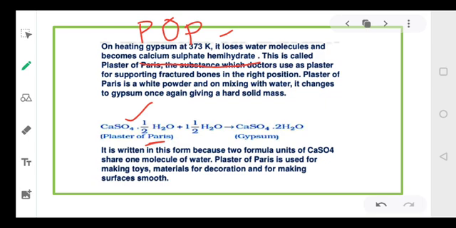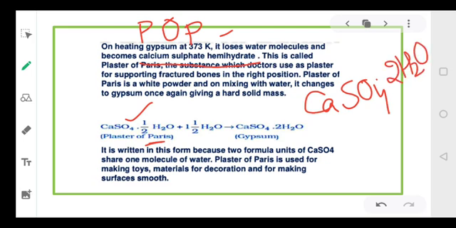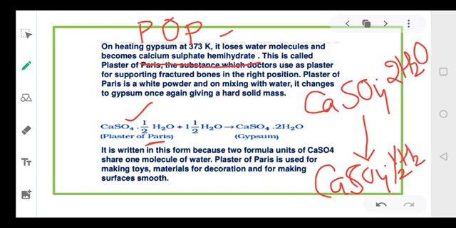POP is prepared from gypsum. So what is the formula of gypsum? CaSO4.2H2O. This is the formula of gypsum. When you heat it, it will be converted into CaSO4.½H2O.